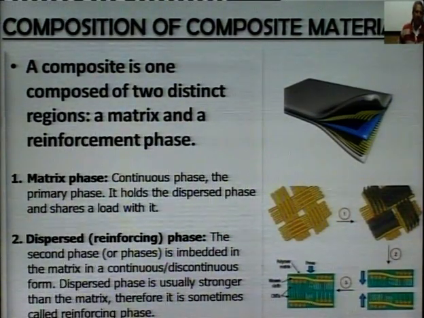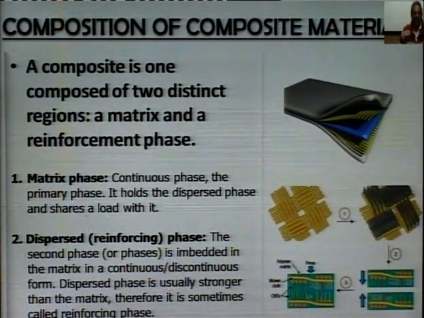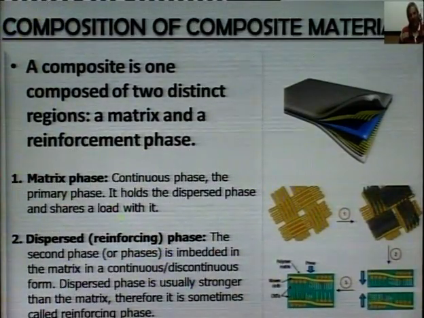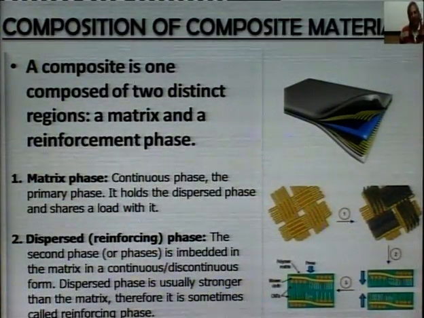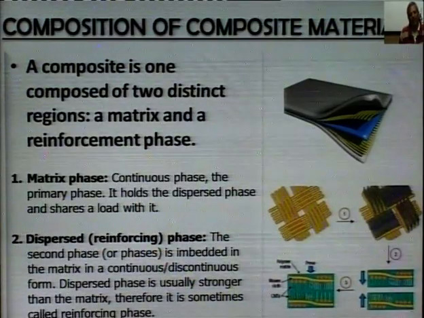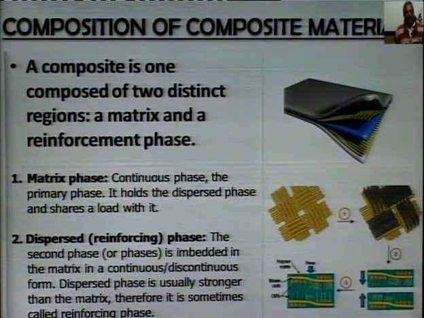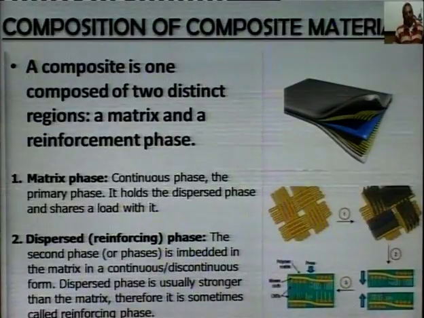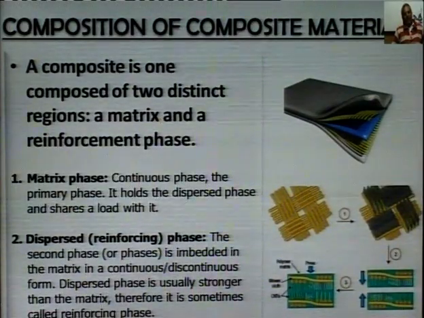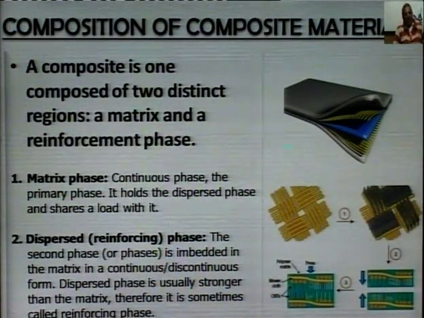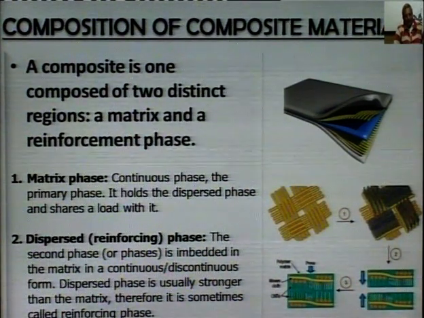Dispersed phase is the second phase or phases, embedded in the matrix in a continuous or discontinuous form. Dispersed phase is usually stronger than the matrix, therefore it is sometimes called reinforcing phase.